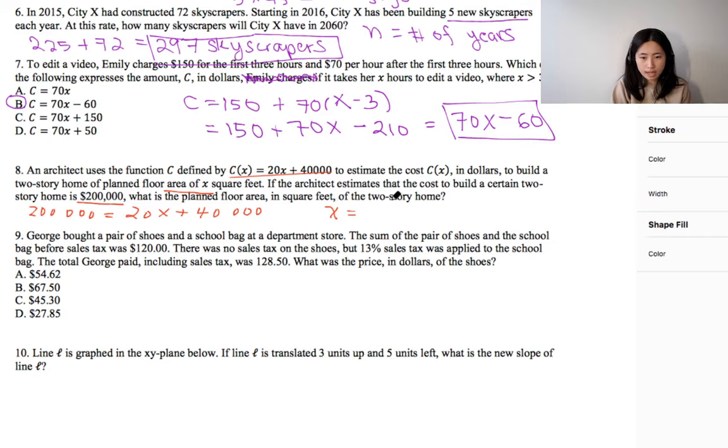So it's 8,000 square feet. Because they're telling us that x is in square feet, we don't have to change the units here, so we can just keep it consistent. Great. Okay.